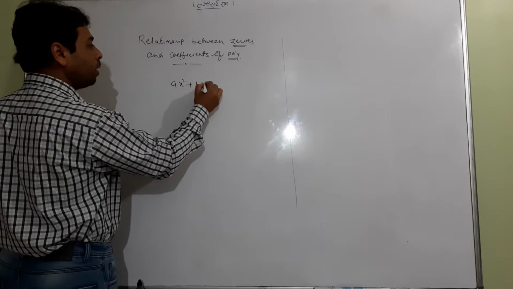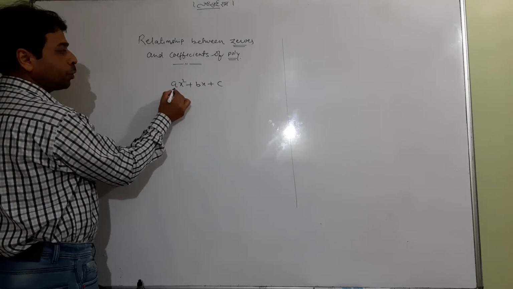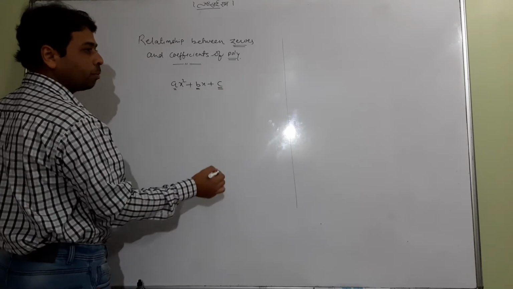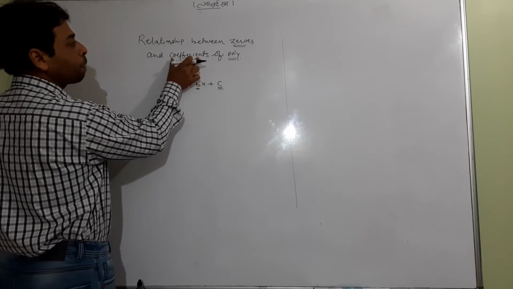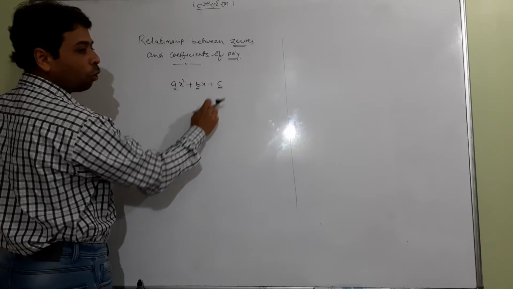I will explain the meaning of coefficient by this polynomial. This is coefficient of x square, this is coefficient of x, and this is a constant term. So these coefficients are a, b and c all.